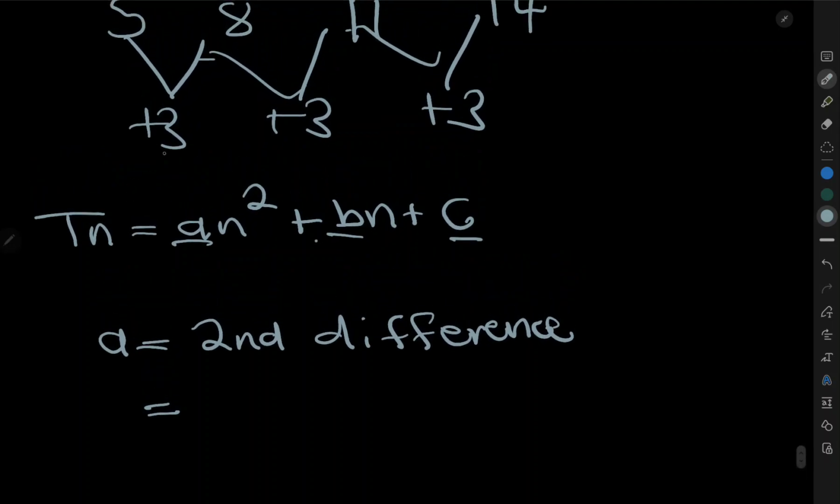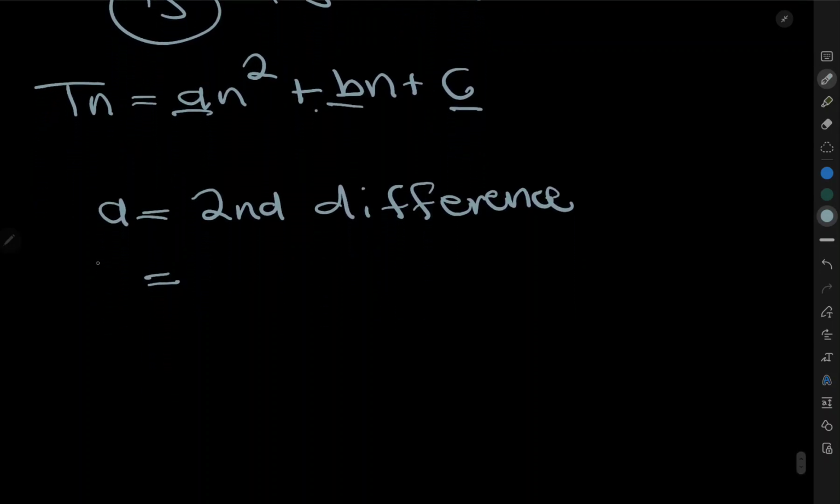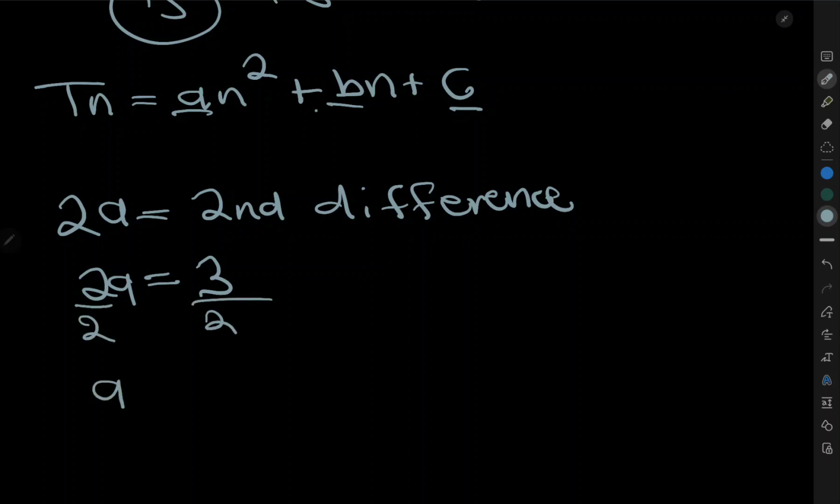In this case, we do have a constant second difference of 3. Sorry, I made a mistake. This is not a, it's 2a. So that's how we determine the value of a. We need to say 2a is equal to 3. So in this case, we're going to divide both sides by 2. And here we're going to have 3 over 2.